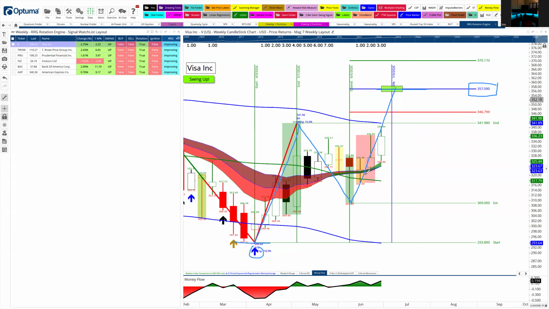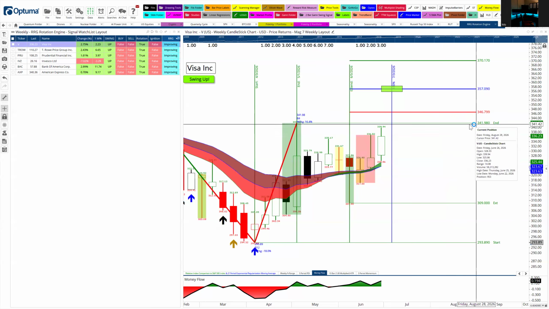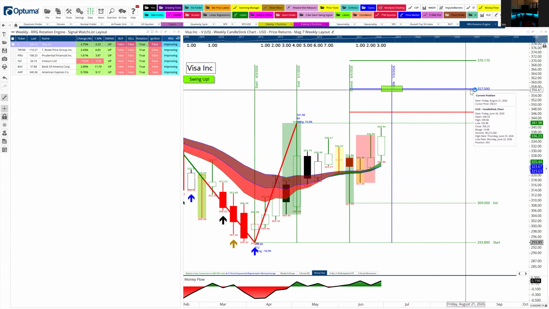So rotation is improving. It just needs to clear this hurdle. So what would be the trade setup? The trade would be setting up a spread: 340, 350, 355.